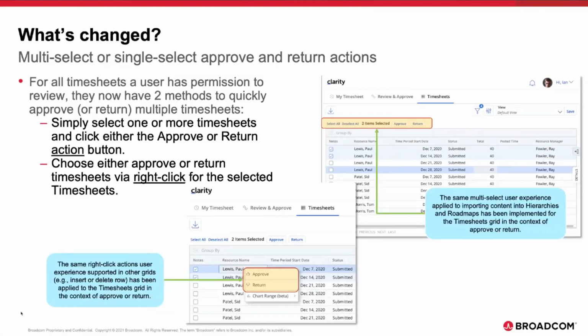Both use the same capability with this multi-select and bulk action. So we've applied it in the context of timesheets. The lower left image is really just showing this alternative way of approving or returning using the right click.